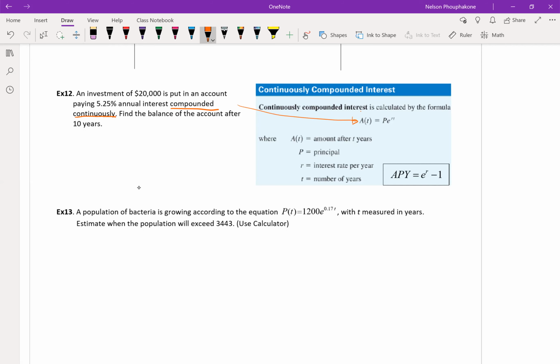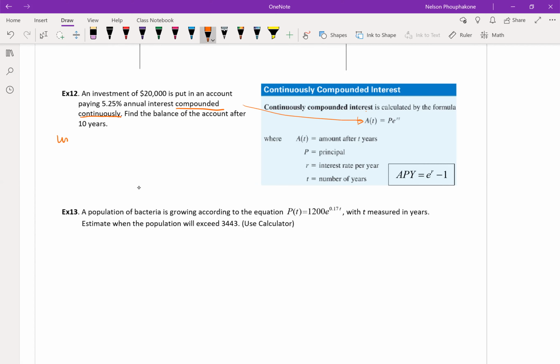Okay, so therefore to this one, remember, we are going to use A of t equal to P times e to the power rt. Then to this one, we have P is 20,000, and my interest rate is 5.25%.